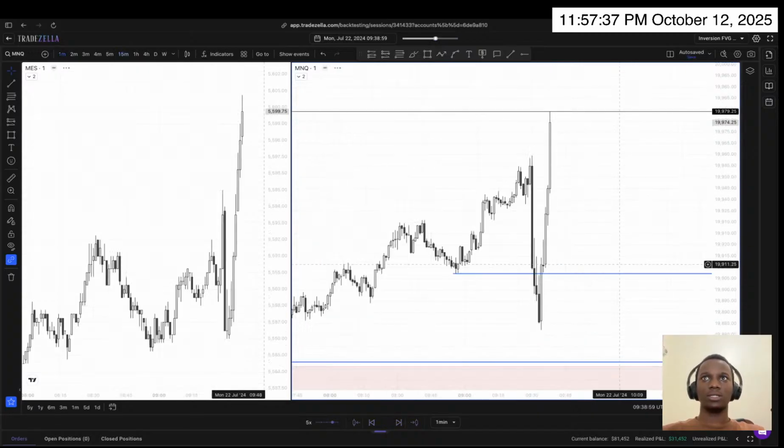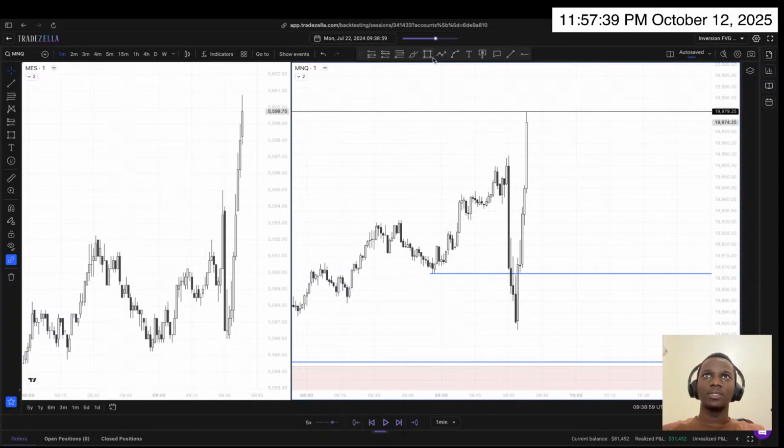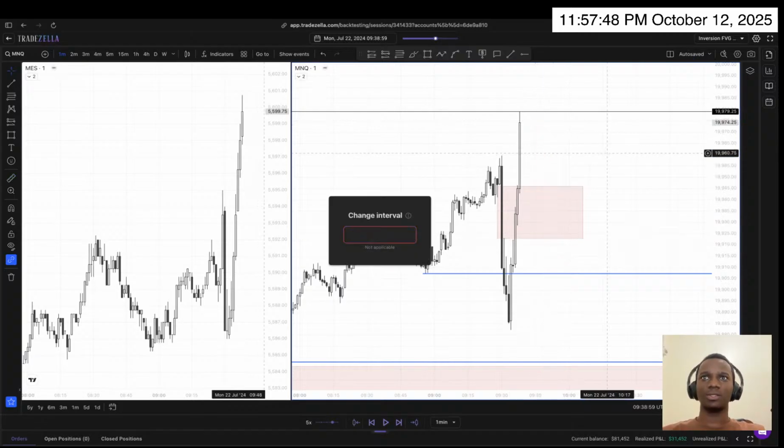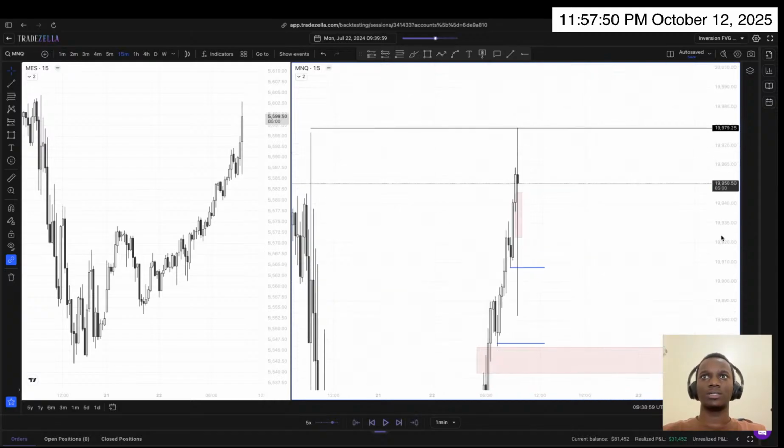Some SMT. The problem is this will be the biggest stop of all time. Now look at this from here. 50 handles. I'll trade the continuation, no worries.